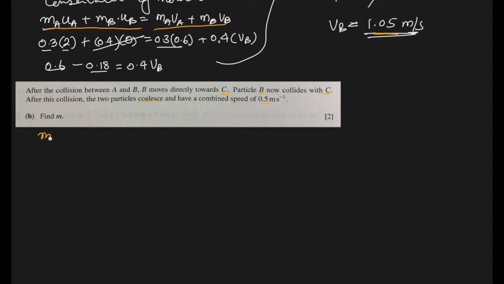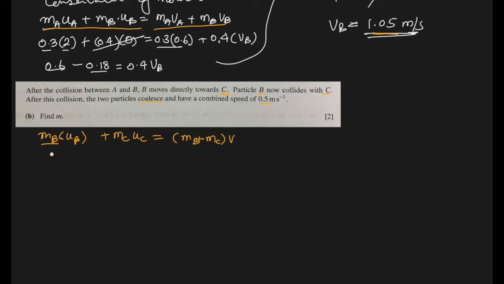It will be MB and UB plus MC and UC equal to, since they coalesce, they become the same body, so MB and MC become one body and have one final velocity. Both of them move together.